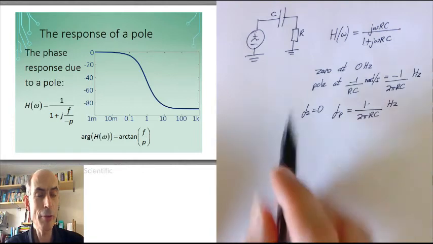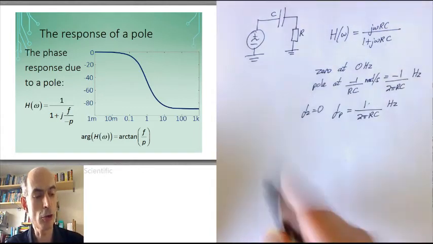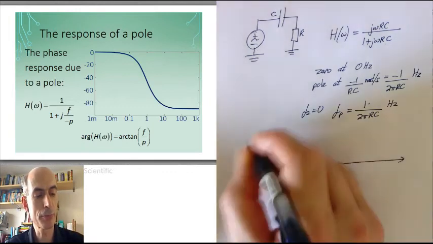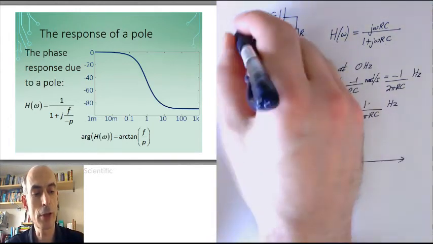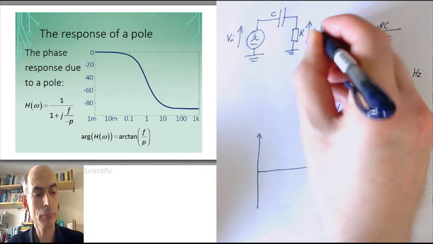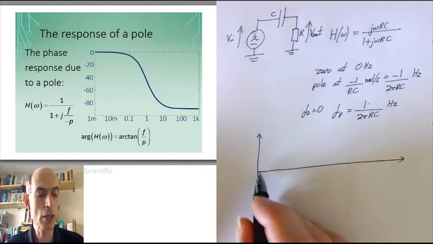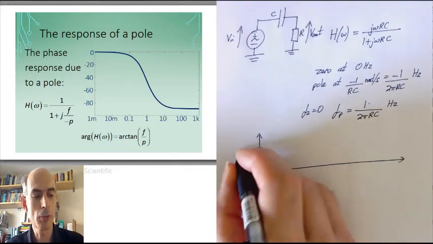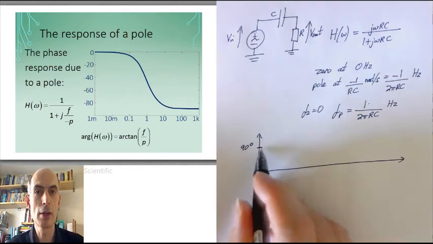Right, the effect of a zero at 0 Hertz on the phase change of a signal going through this network, if this is the input here, and this is the output here, is to introduce a frequency independent offset of pi over 2, or if I'm working in degrees, 90 degrees.